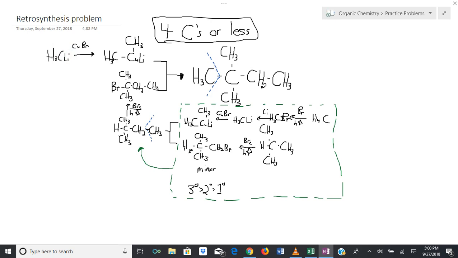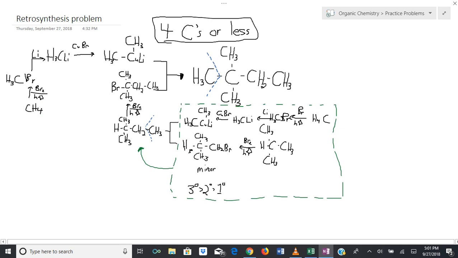We'll use the methane and lithium. And lithium goes with an alkyl halide. And the alkyl halide is made from bromine and heat or light with methane. So this is how you would synthesize this product using 4 carbons or less.